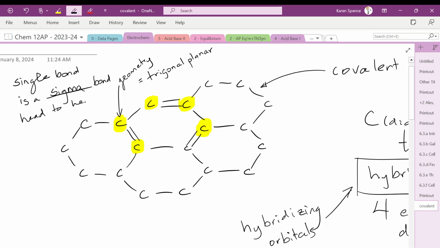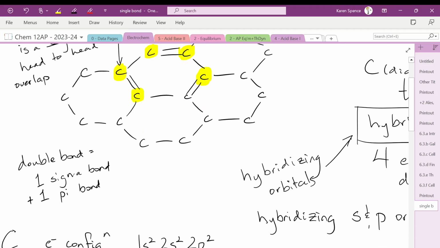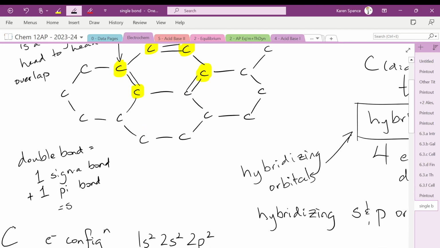So that's a sigma bond. That's your single bond. A double bond is a sigma bond plus 1 pi bond, which is side-to-side overlap.